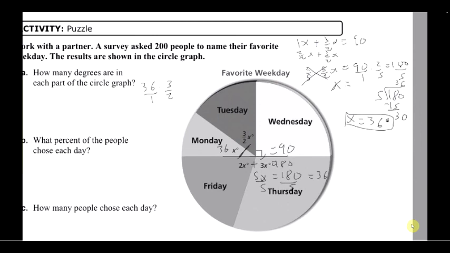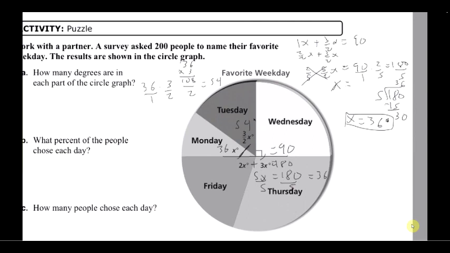So we have 36 times 3. 3 times 6 is 18. Carry the 1. 3 times 3 is 9. Plus 1, it's 108 over 2. 108 divided in half equals 54. So Tuesday is 54 degrees.